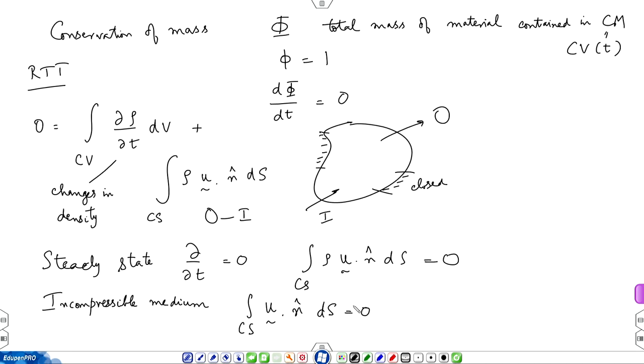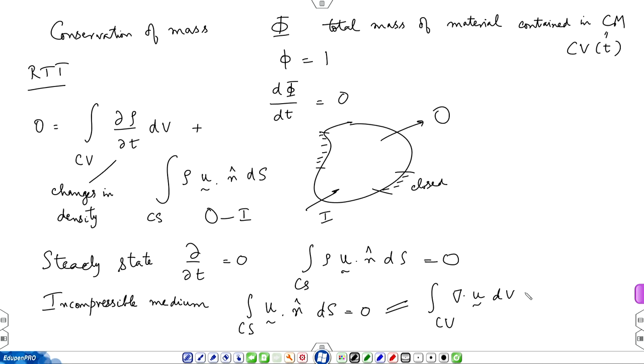Integral over C s of u dot n ds will be equal to the integral over the volume of del dot u dv, correct? So, under all these conditions, this is also equal to integral over C v of del dot u dv. So, integral over C v of del dot u dv is also 0.